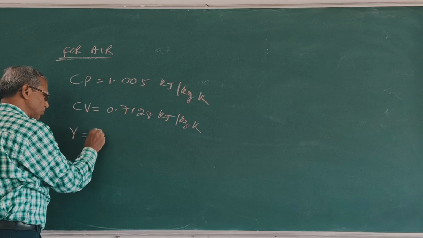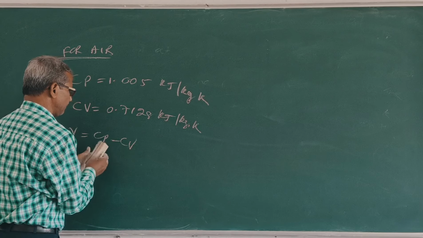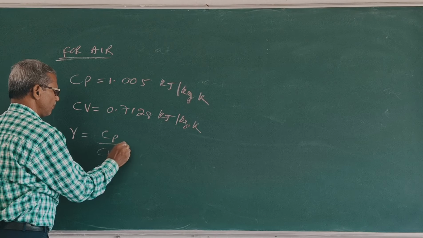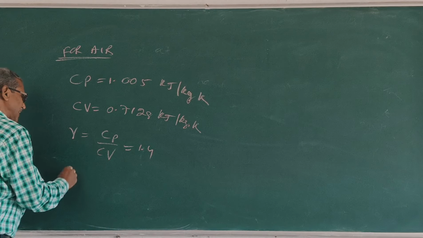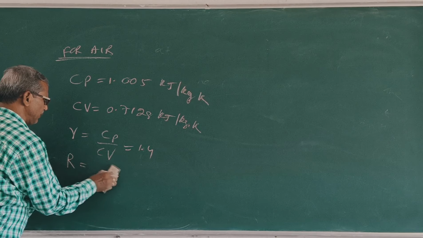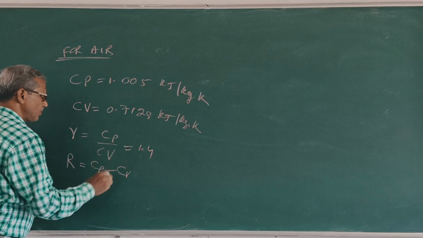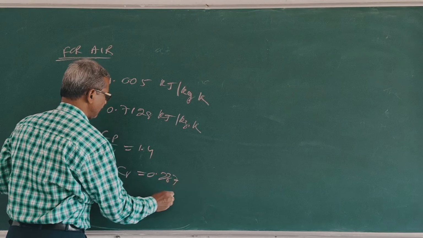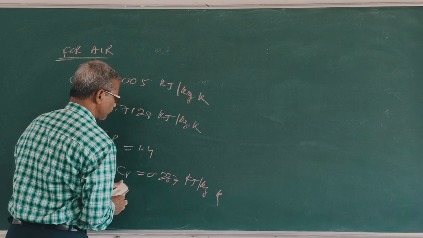Gamma is equal to Cp by Cv, which is 1.4. Clear? R is equal to Cp minus Cv, which is 0.287 kilojoule per kg Kelvin.